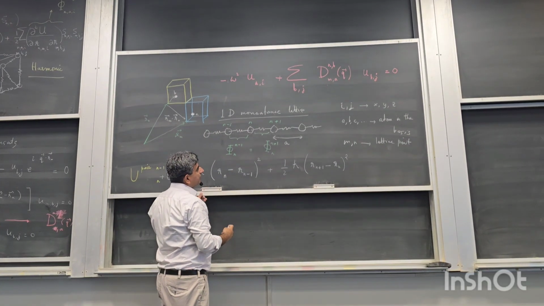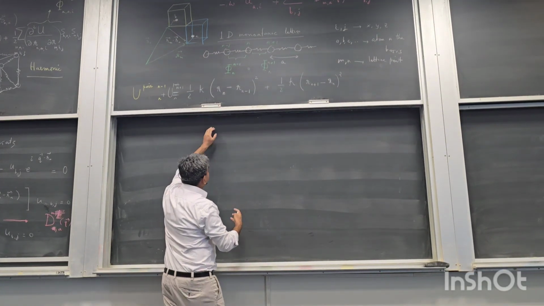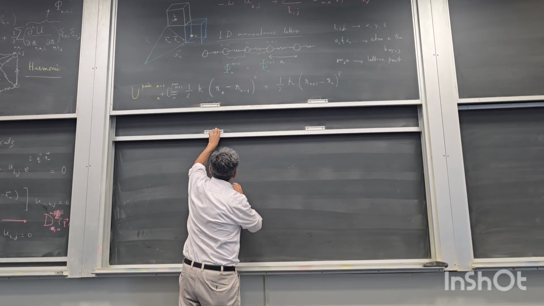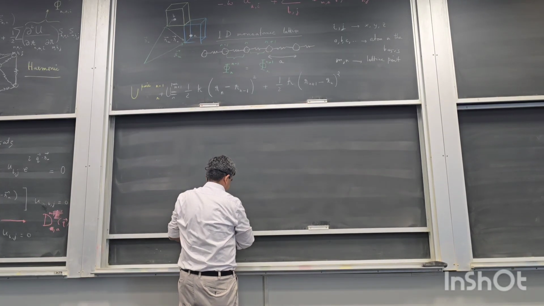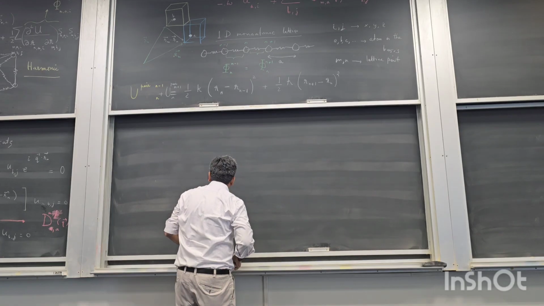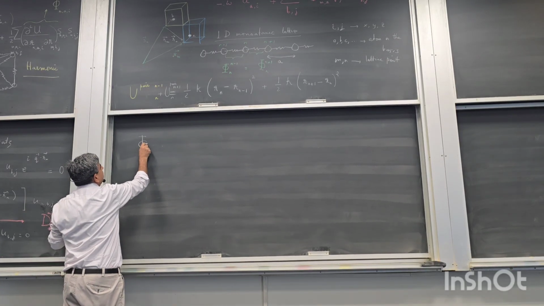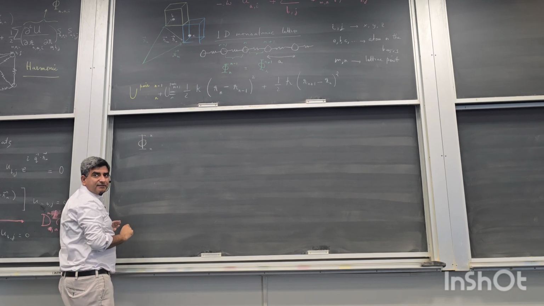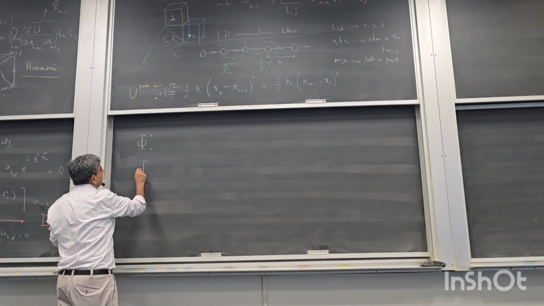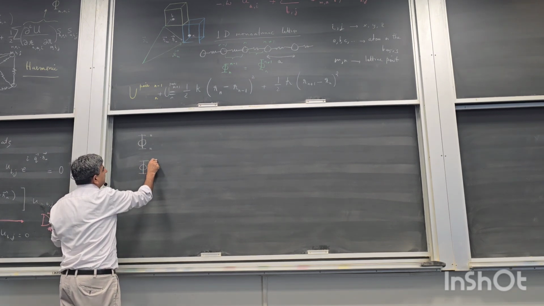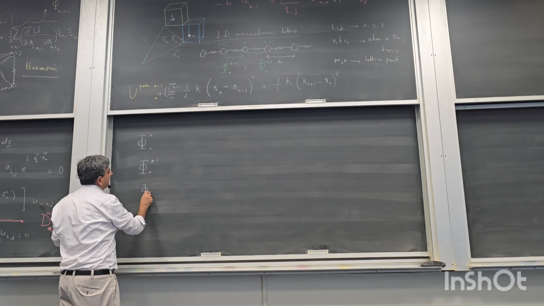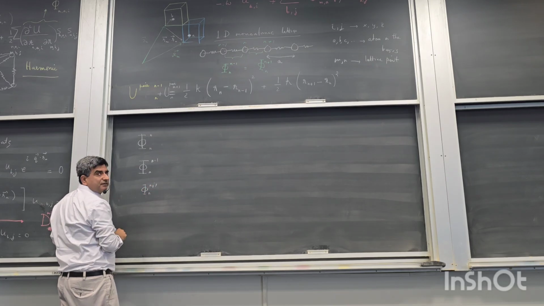So I need to find out three kinds of spring constants. I need to find phi n n. I need to find phi n minus 1. I need to find phi n plus 1.